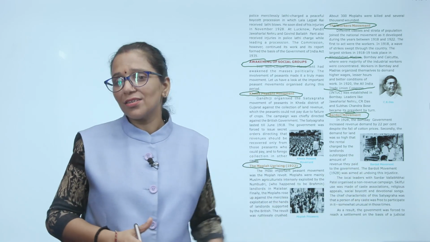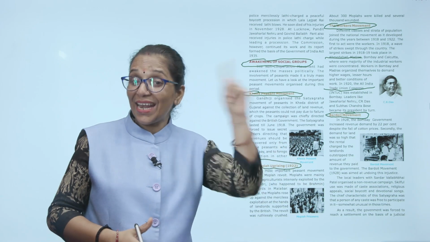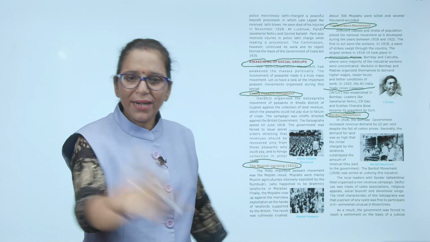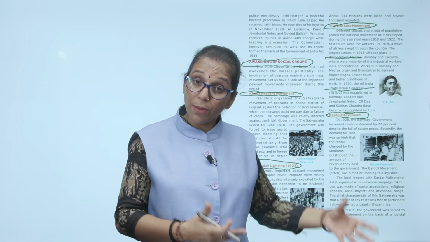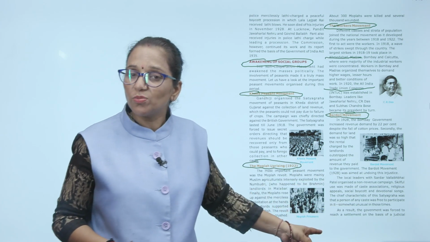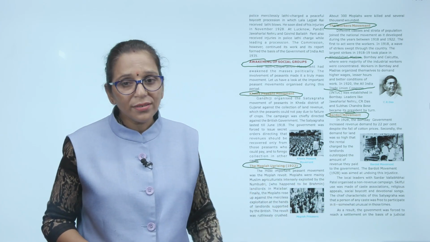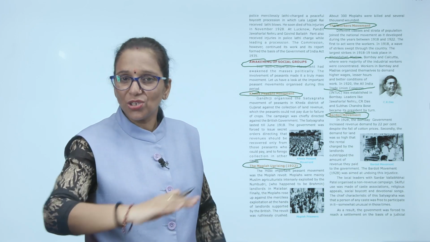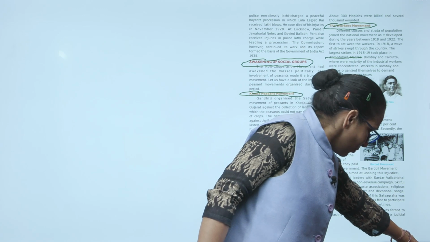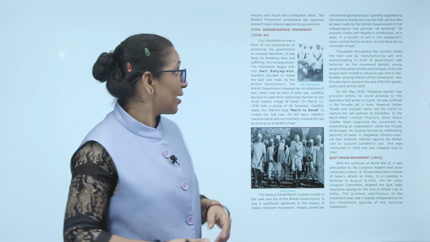The chief characteristic of this satyagraha was that a person of any caste was free to participate in it. This was open for everyone, somewhat unusual in those times. At that time people asked, why can we participate, why are we going to participate? Because caste discrimination was there. But in Bardoli, people of every caste and every religion participated. As a result, the government was forced to reach a settlement on the basis of a judicial inquiry and the return of the confiscated land.